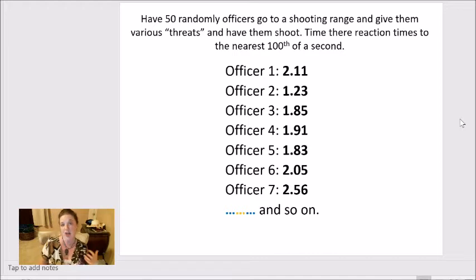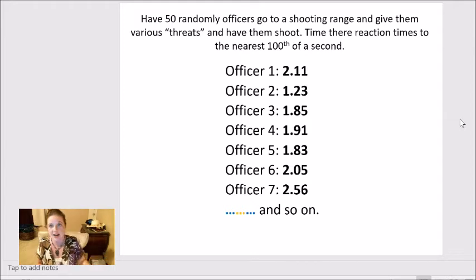And I noticed that all the officers' reaction times are around 2. So maybe I really do have optimal reaction times. Maybe some of the officers are a little too fast, not thinking carefully enough, but right around the right reaction time for many of the officers. Make sense? That's how I'm operationalizing the variable.